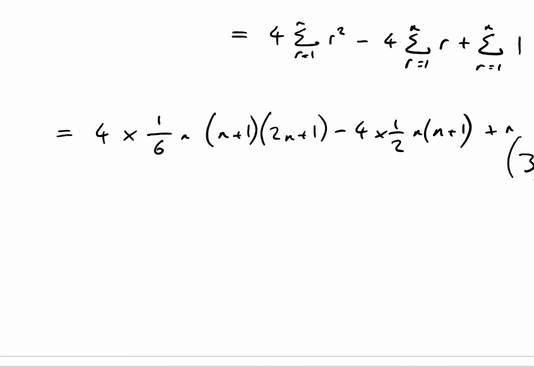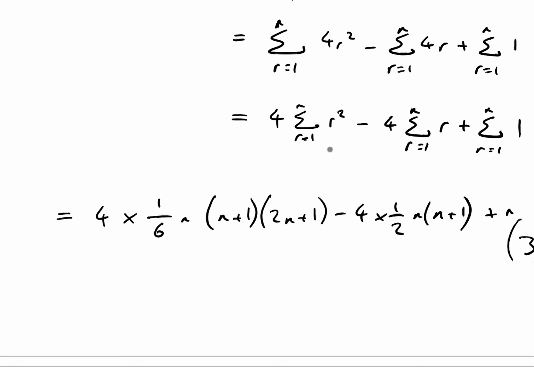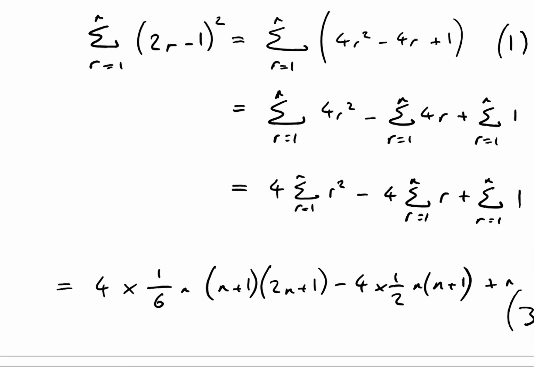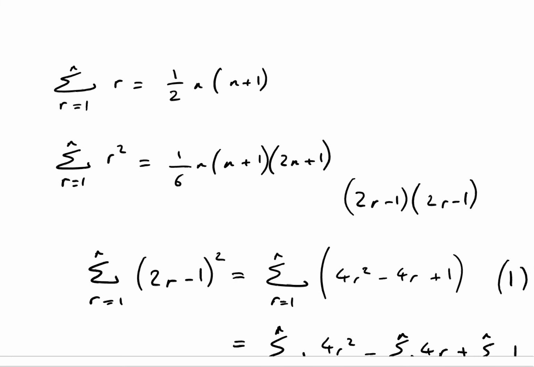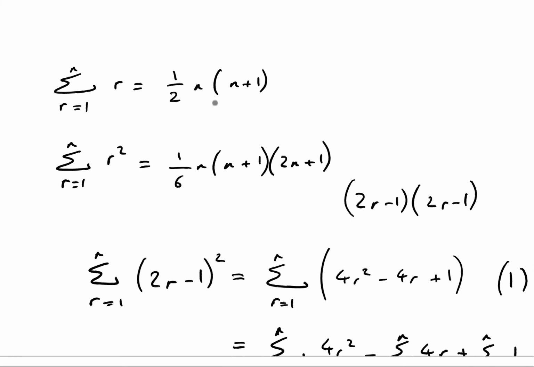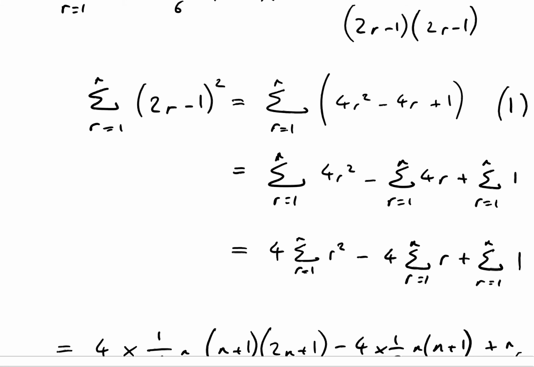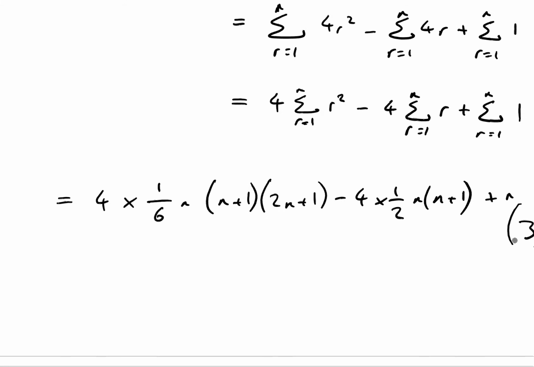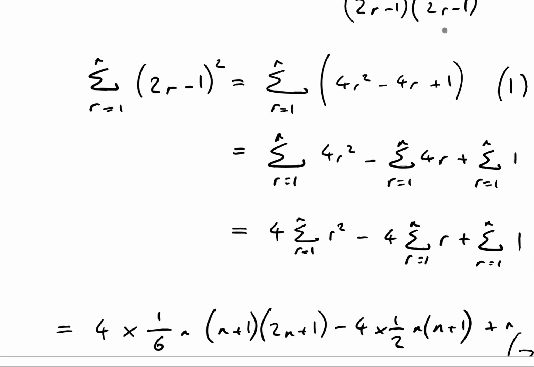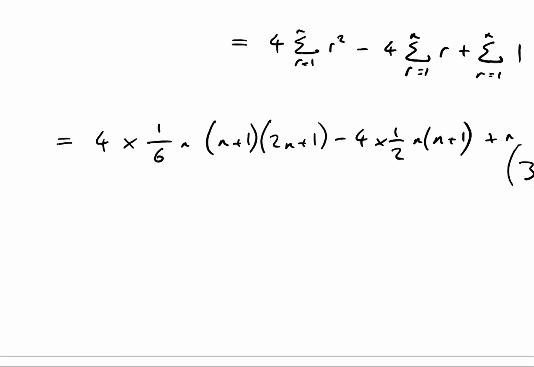By the way, if you put in at least 1 correct, so say you can remember the summation of r is a half n times n plus 1, but you don't remember the exact summation for r squared, as long as you attempt to get it, you will still get 1 mark out of those 3 here. So you get 1 mark for expanding it. Okay, everybody can pretty much get that mark.